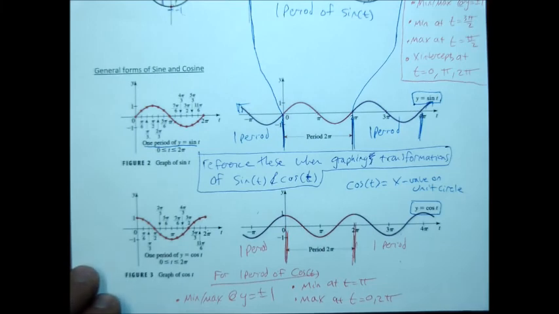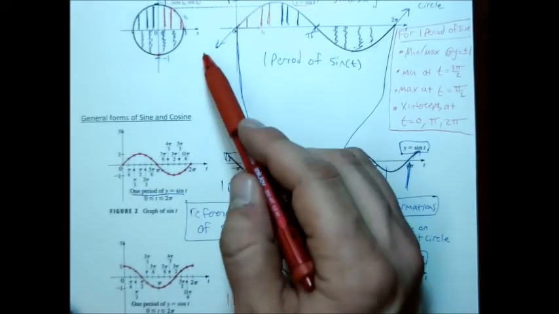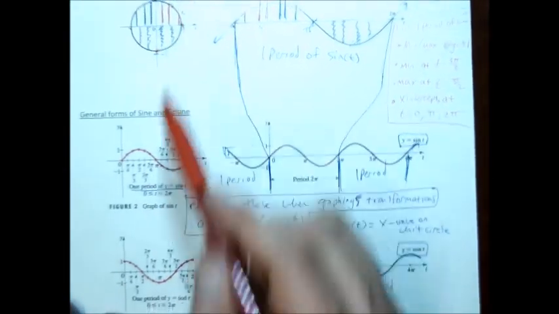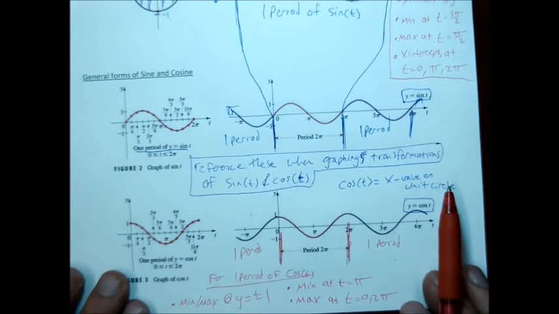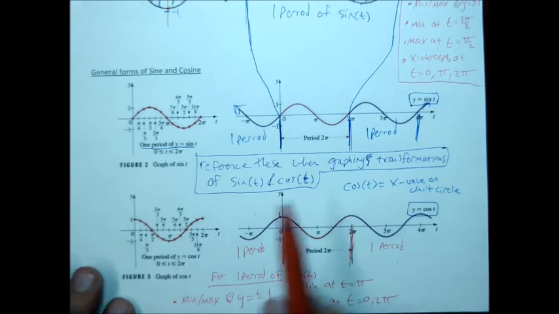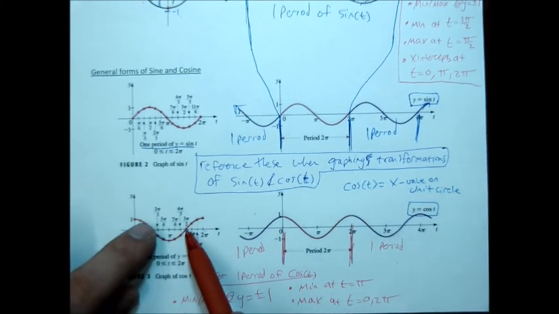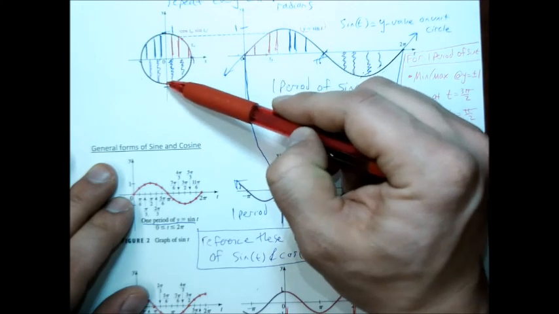Again, just think about where the x values are on the unit circle. Cosine are the x values, and so when we're tracing out the x values on this thing, it's tracing out this cosine graph. The intercepts occur right here and right here, where the x values are 0. The x values are 0 on the unit circle at right here and right here.